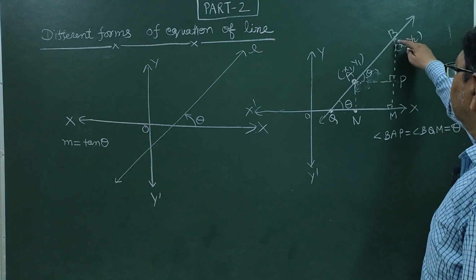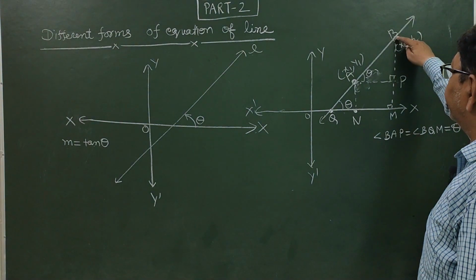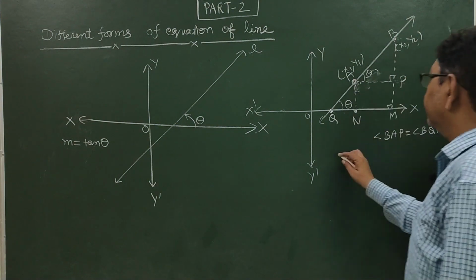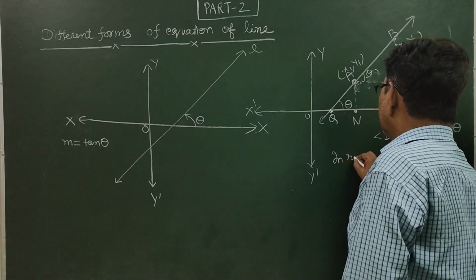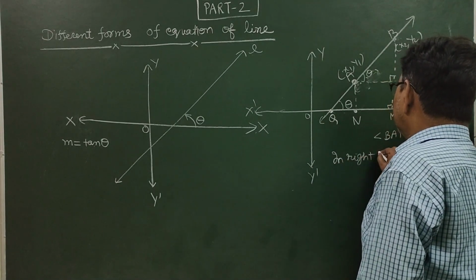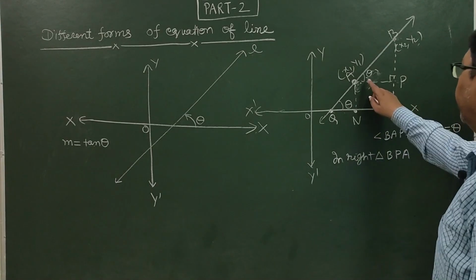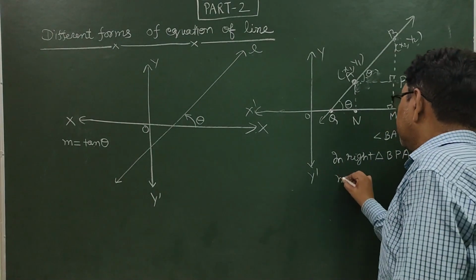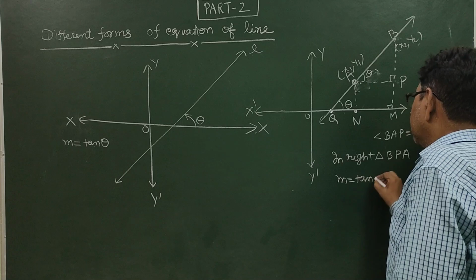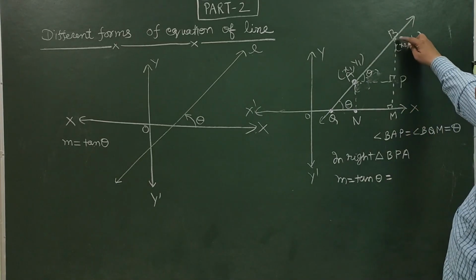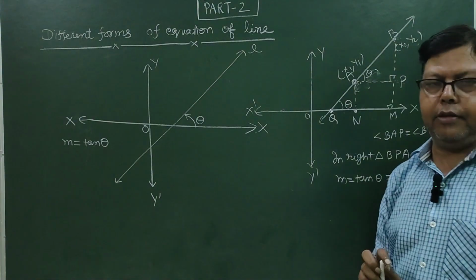Now let us consider the right triangle BPA. In right triangle BPA, m is equal to tan theta, so this tan theta can be calculated from this triangle BPA.